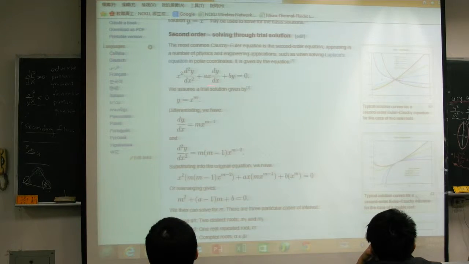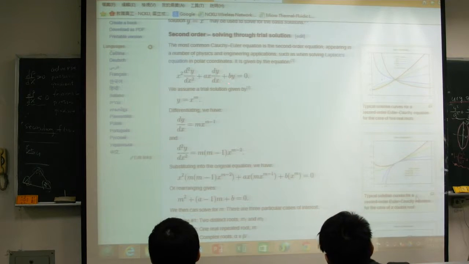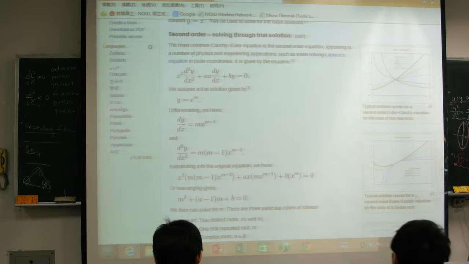That's called equidimensional. For this ODE, we have x squared with the second derivative, and x to the first order with the first derivative.